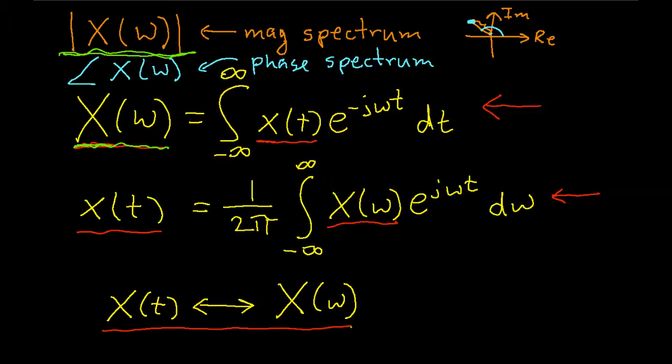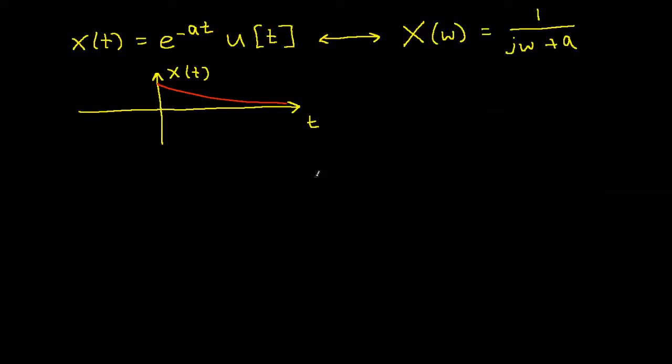In order to know what the whole transform is, I need to know both the magnitude and the phase of the Fourier transform, or equivalently, if I know the real and imaginary parts of the Fourier transform, that gives me the same information. To demonstrate how we deal with the fact that x of omega is complex, let's actually look at a specific Fourier transform pair.